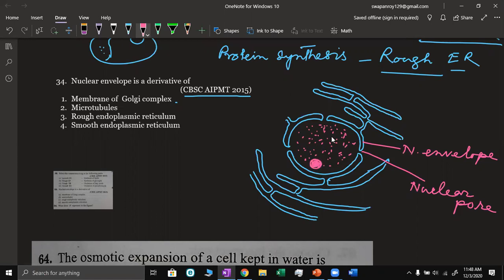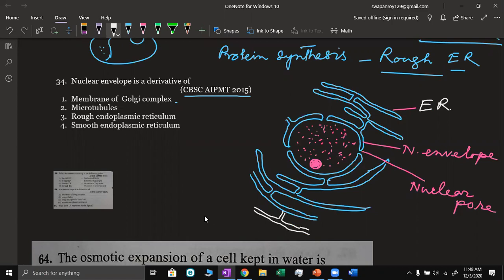This nuclear membrane is continuous with the endoplasmic reticulum. From here, this way, the nucleus is continuous up to the cell membrane through the endoplasmic reticulum.